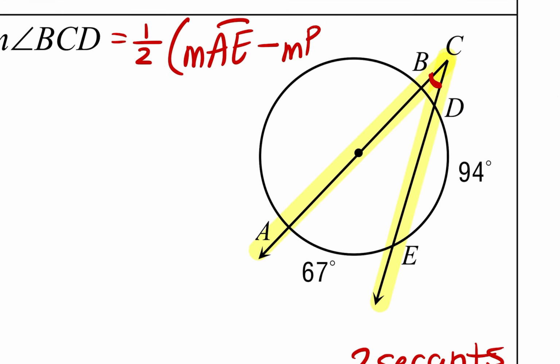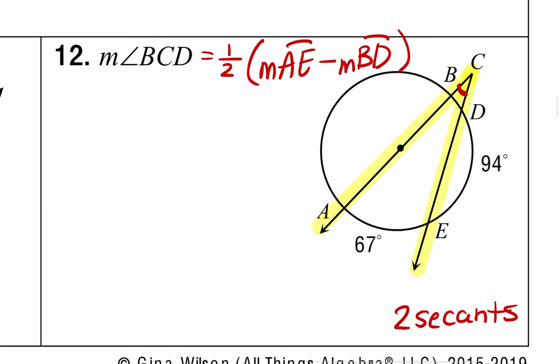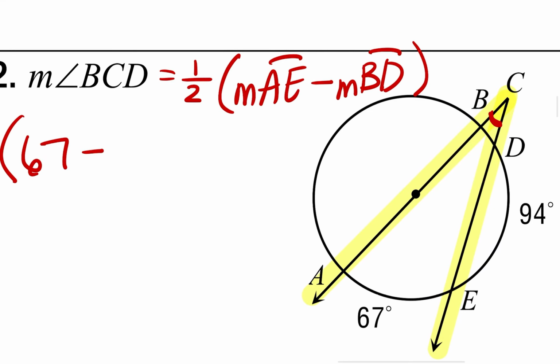So that's arc BD. So that gives us a half of 67 minus, and I am going to need to find that smaller arc.